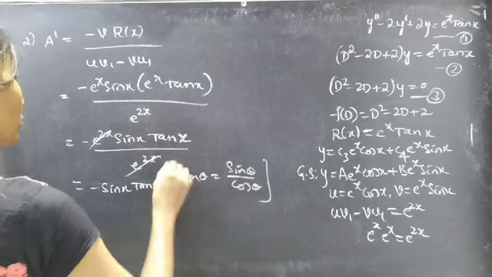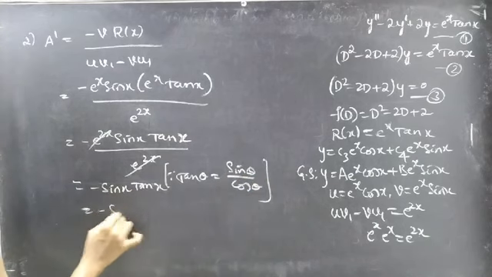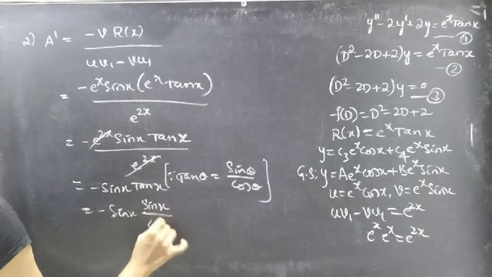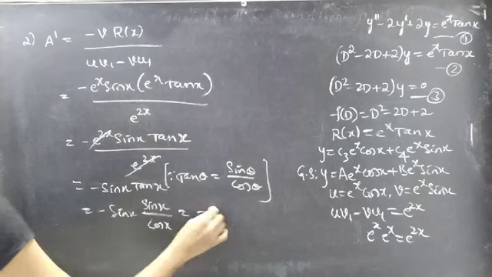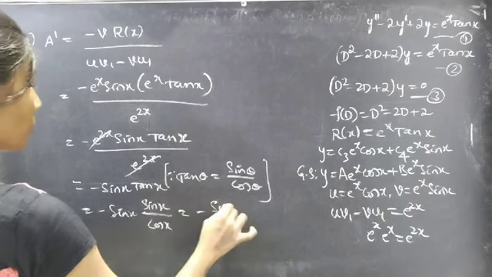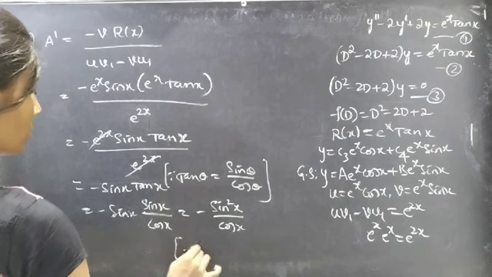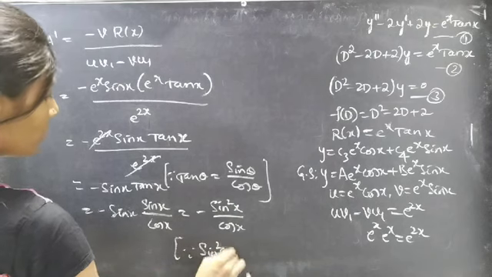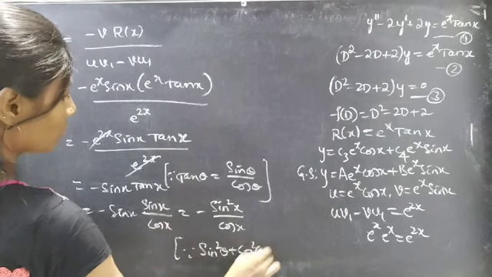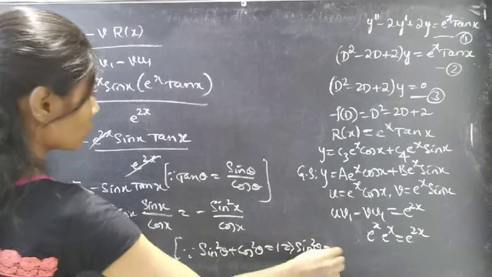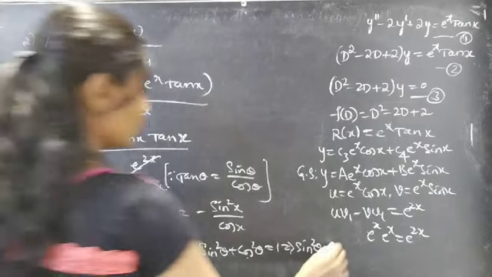So replace tan x with sin x by cos x, which gives us minus sin x into sin x, which is sin square x by cos x. Since sin square theta plus cos square theta equals 1, from this we'll get sin square theta equal to 1 minus cos square theta.